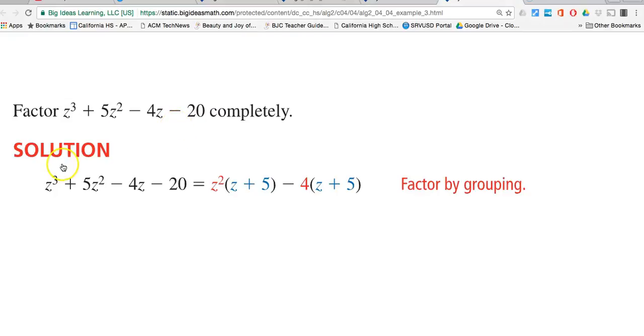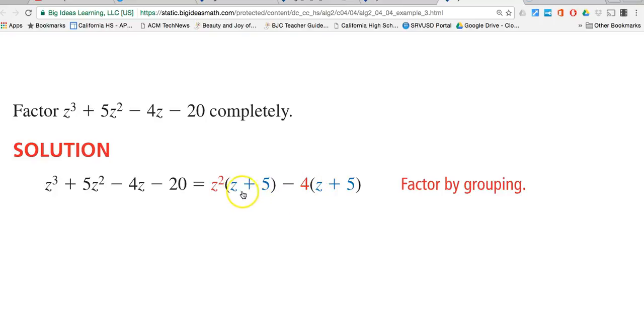So I already showed you how we can group these by just putting parentheses around the first two and last two terms. Now you'll see z to the third power and 5z squared both share z squared, and minus 4z minus 20 each share -4. So if we group those and take out those common terms, our expression is going to look like this.